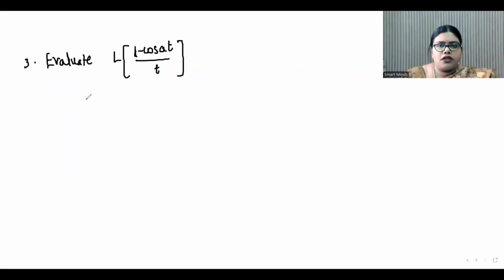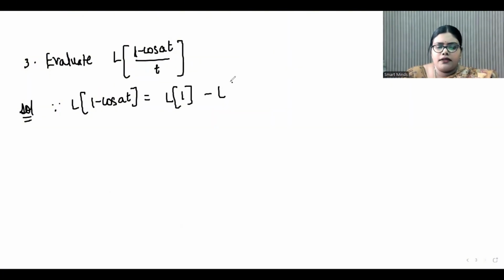Take the next question. Evaluate L of 1 minus cos at by t. Now we know that L of 1 minus cos at, if you separate, you will get L of 1 minus L of cos at. L of 1 is 1 by s minus L of cos at, which is s by s square plus a square.